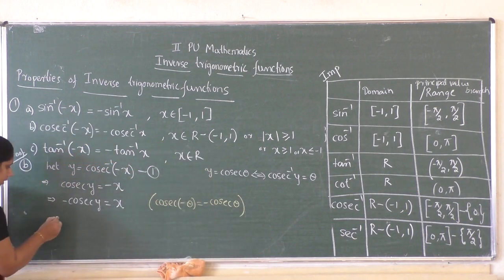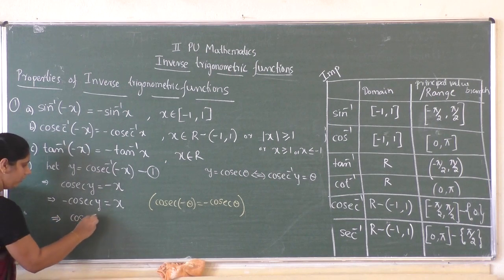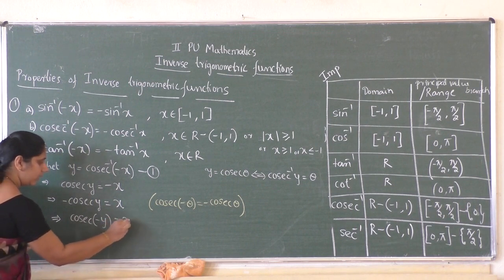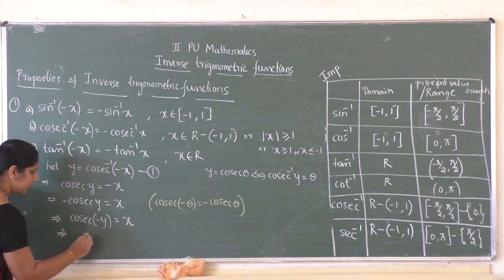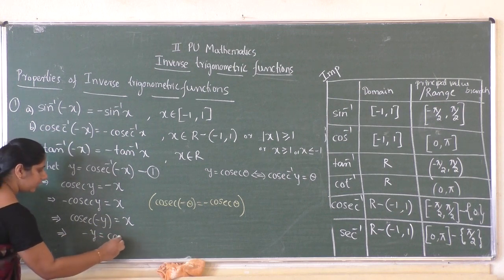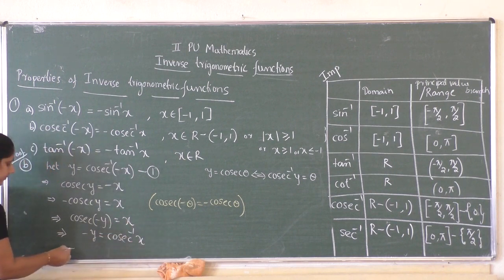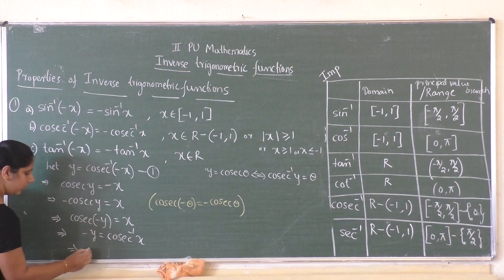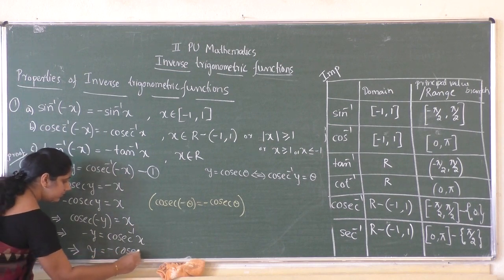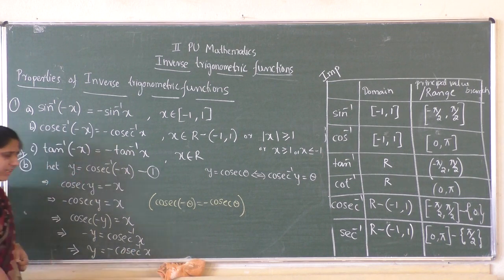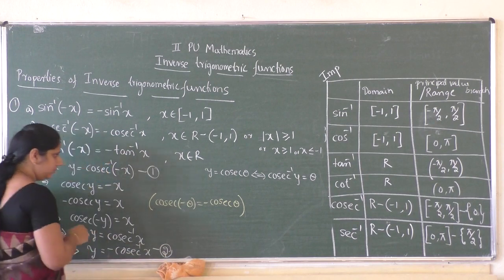So in the place of minus cosec y we can write cosec of minus y equal to x. Again cosec of minus y equal to x implies minus y equal to cosec inverse x. Therefore now what is y value? We have to take minus to right side, that is minus cosec inverse x. Take this as equation 2.